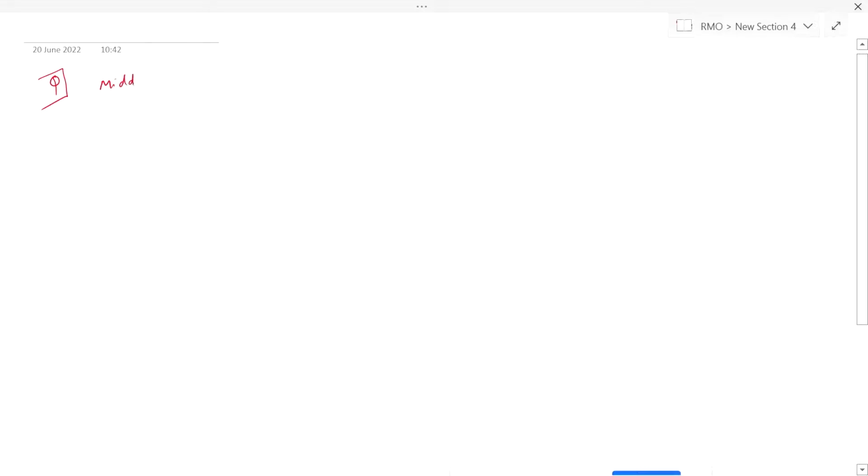Middle term in expansion of x cubed by 3 and 3 by x cubed by 3 plus 3 by x raised to 8 is equal to 5670.